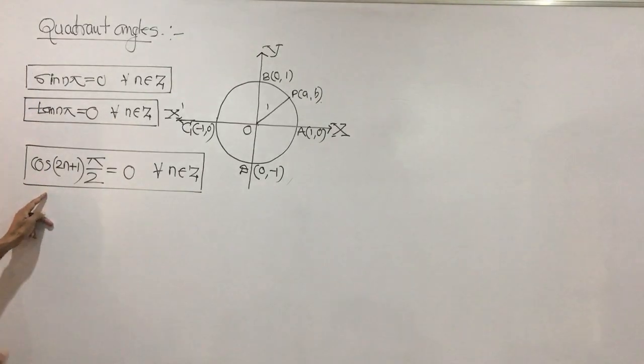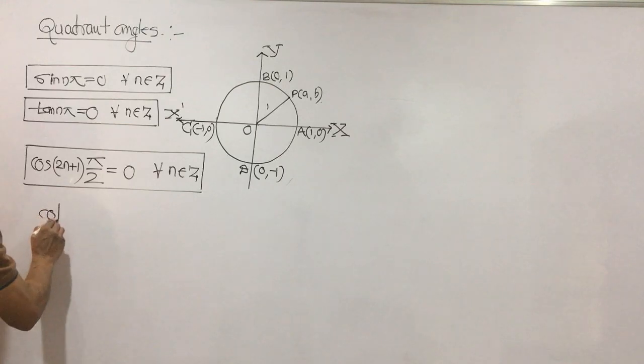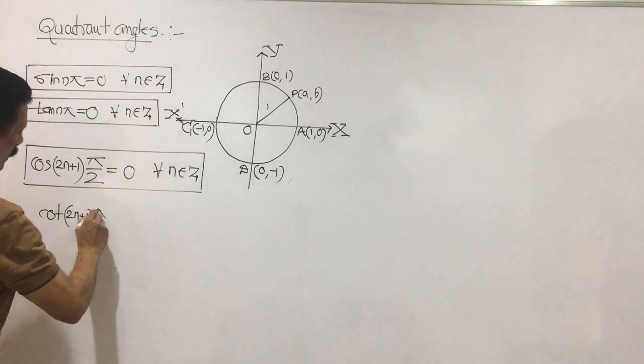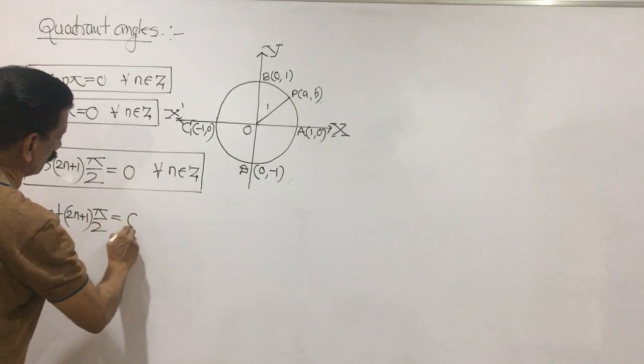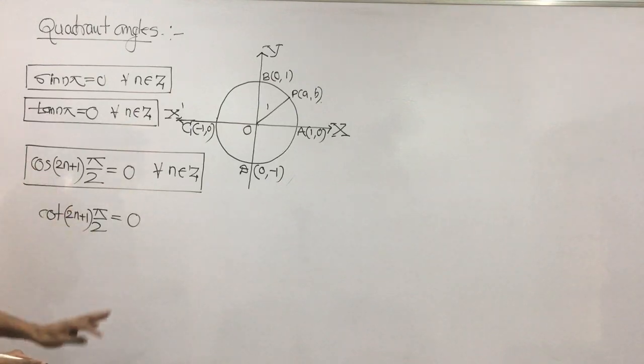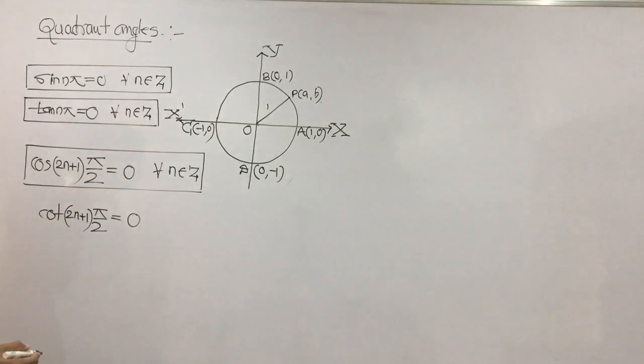And cos (2n plus 1) pi by 2 is 0 means we can write that cot of (2n plus 1) into pi by 2 is also 0, because cot theta is nothing but cos theta by sin theta, and cos theta is 0 means 0 divided by sin of any number is 0.